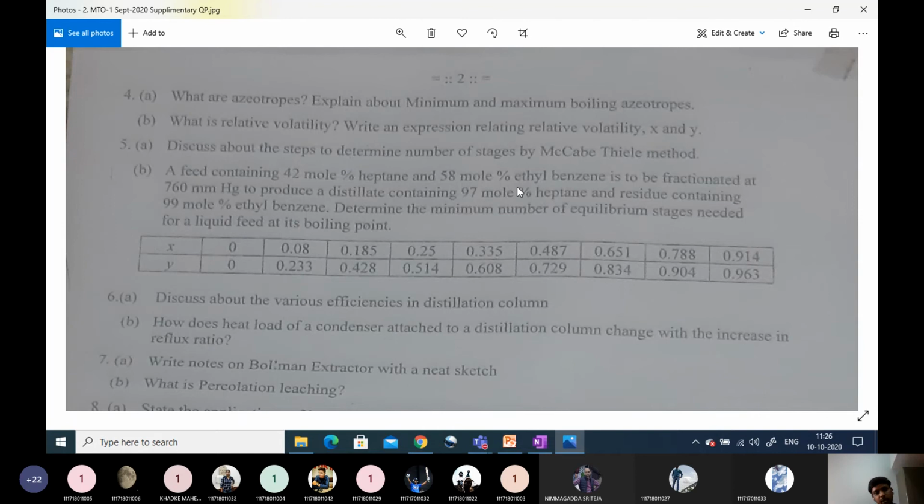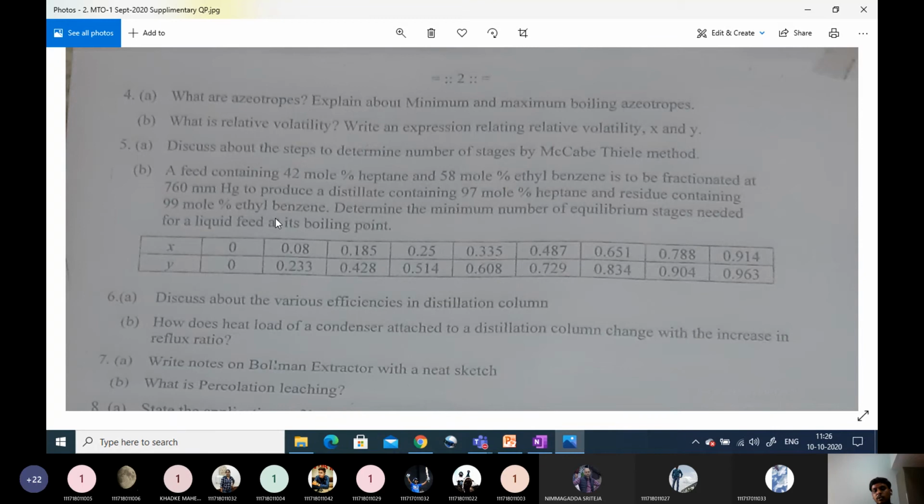So 0.01 is our XW. So all the data required they have given. Determine the minimum number of equilibrium stages needed for a liquid feed at its boiling point. Here the missing data is the R value, the reflux ratio.